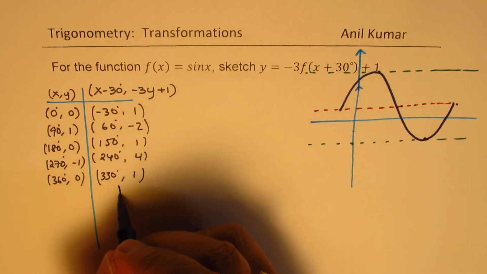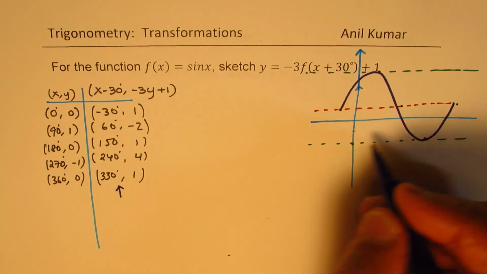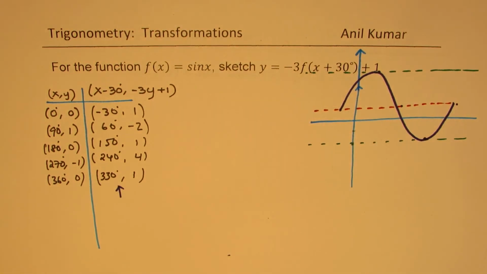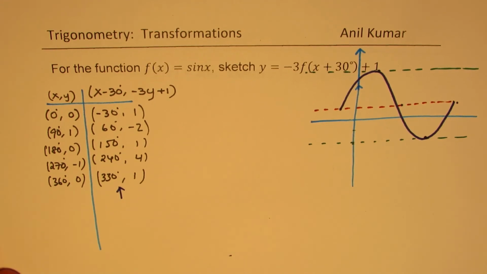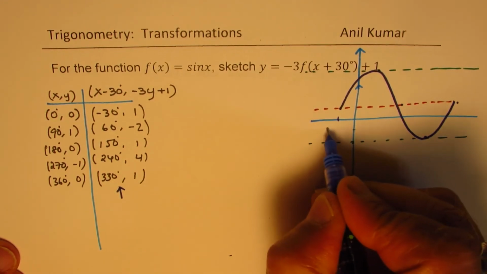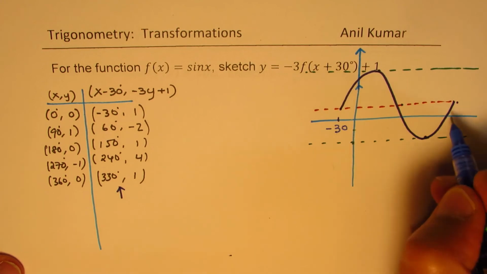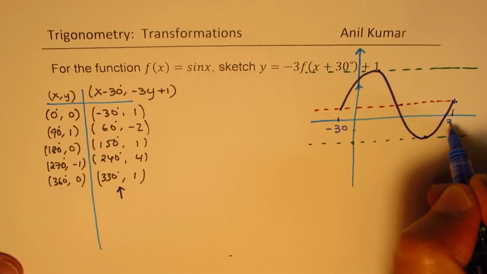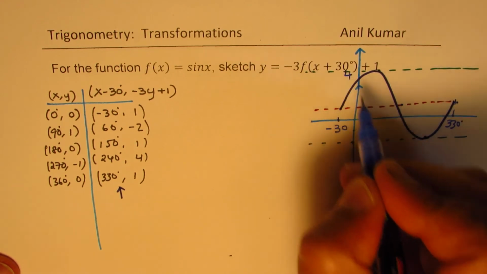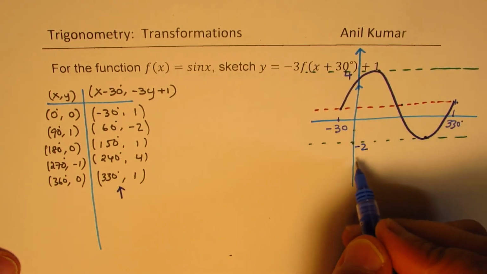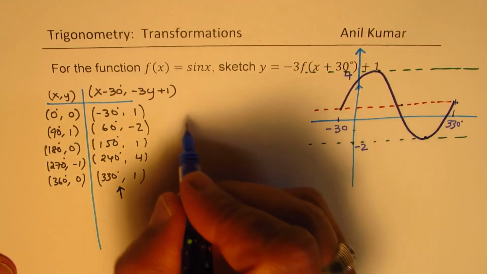You have the coordinate points right there. The values here are from minus 30 for us, correct? And it ends at 330. This is the maximum of 4 and this is the minimum of minus 2. So now you can write down everything, correct?